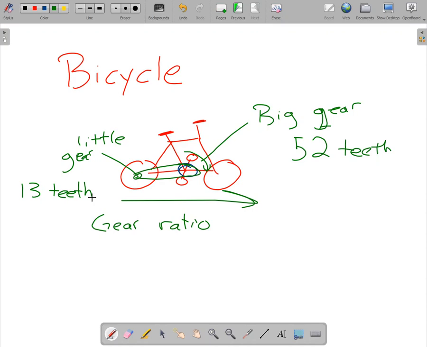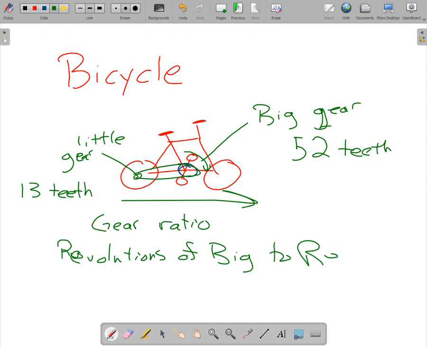So can anyone guess, if I wanted to look at revolutions of the big gear to revolutions of the little gear, what that ratio might look like?